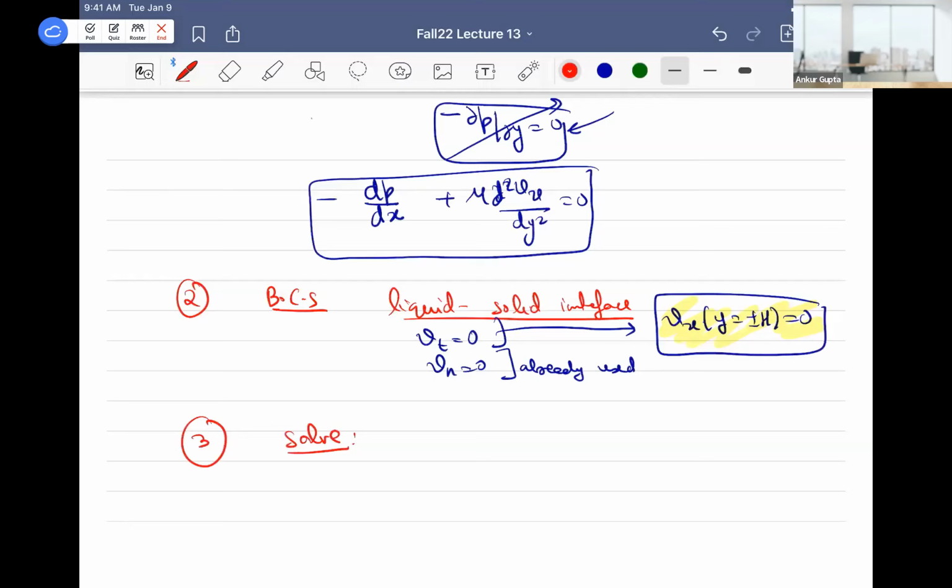I have a dp by dx and I have a d square Vx by dy square. How can I integrate both? I still have a derivative in both x and y. So how can I integrate it?